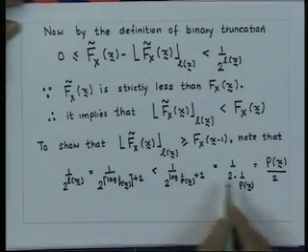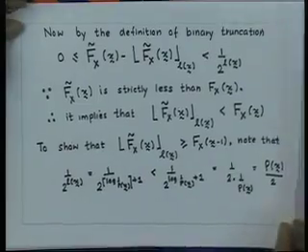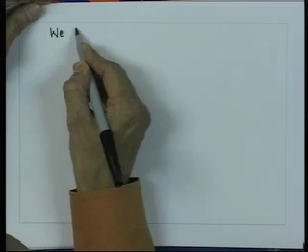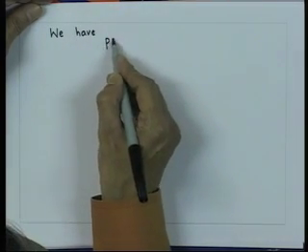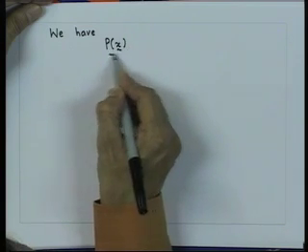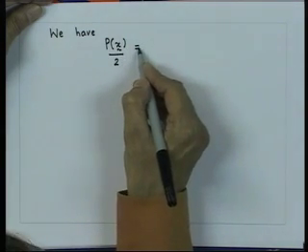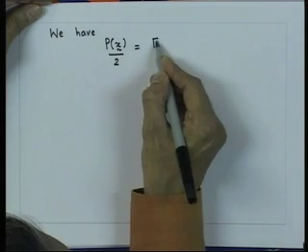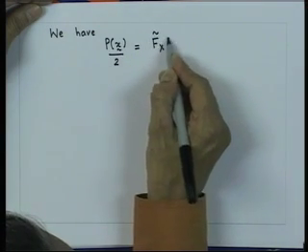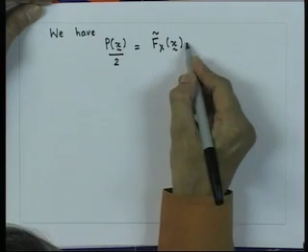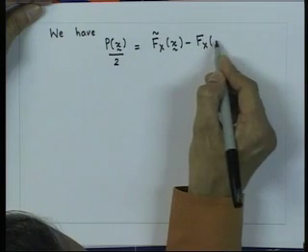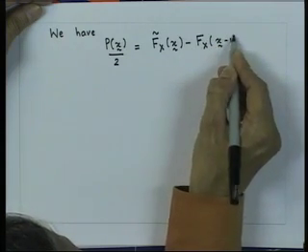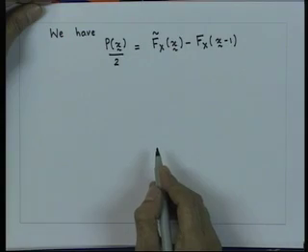So, we will use this relationship. From the definition of our modified CDF, P(x)/2 is equal to F tilde minus the cumulative distribution function of the sequence x minus 1.